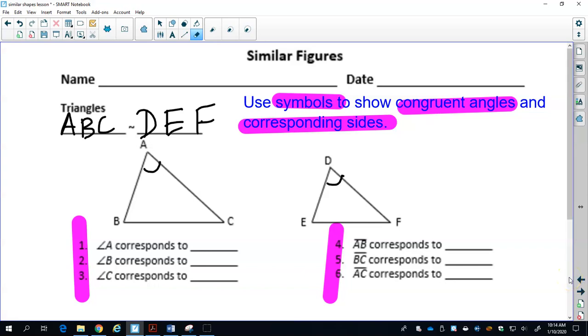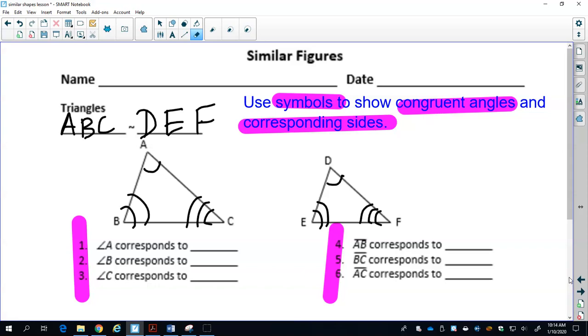All right, let's go ahead and go over the first and second example. So the one thing that's really important is I want you guys to use the symbols to show the congruent angles and corresponding sides. So we already showed that A corresponds to D, B corresponds to E, and C would correspond to F. It's as simple as just putting in those symbols.